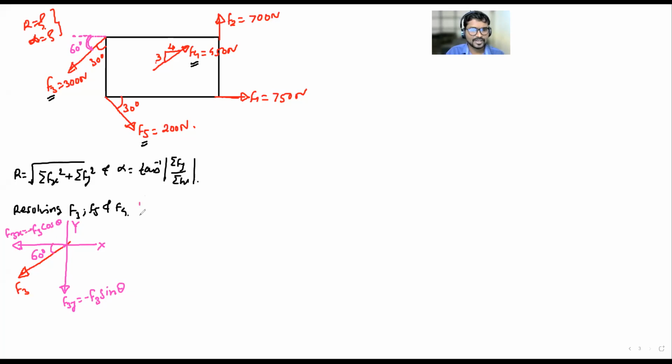Then next one will go for, which one should we take next? F4. Okay, we'll go one by one. Let's take F4. This is the line of action of F4.